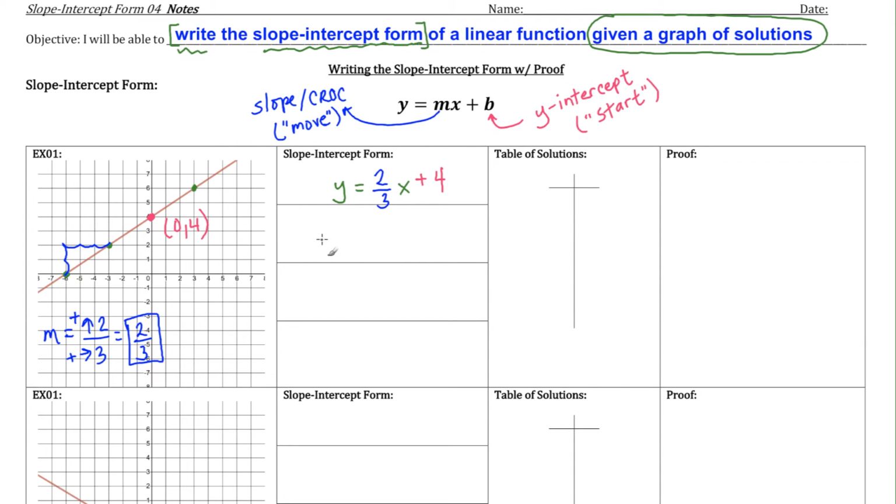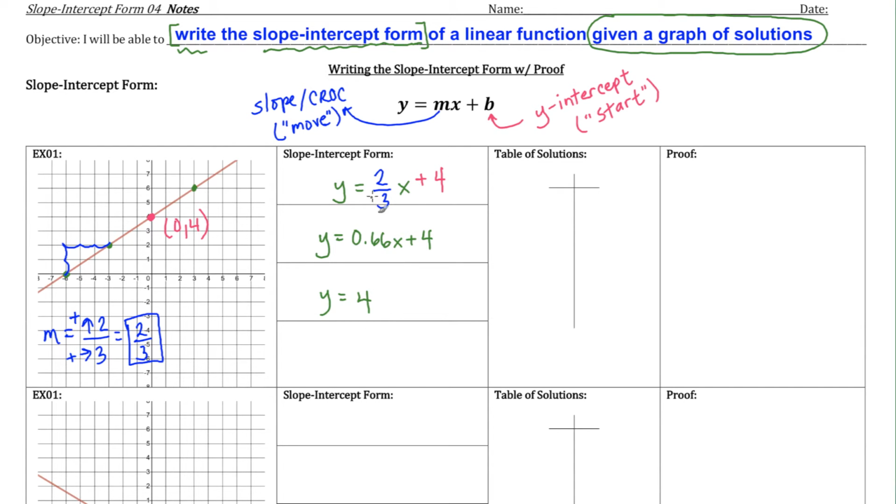Okay, so we can rewrite this in decimal form as y equals 0.66x plus 4. We can also move our constant, it's called a constant because it never changes. We can move it to the front.